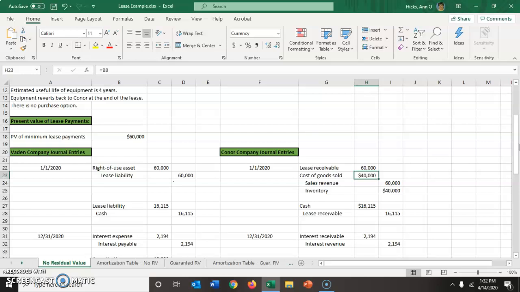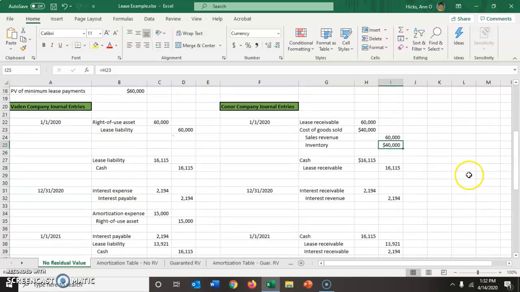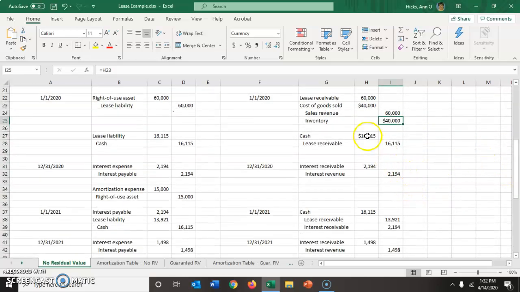And then they'll debit cost of goods sold and credit inventory for the cost, just like they would in a normal sale. Then on that same day, they'll take the first payment, and so they'll debit cash and credit lease receivable. And then 12/31 and January 1, throughout the life of the lease, their entries are effectively going to be the opposite of Vaden's.